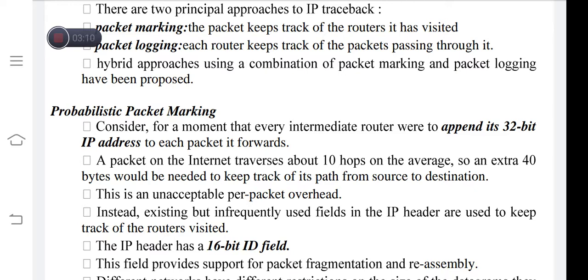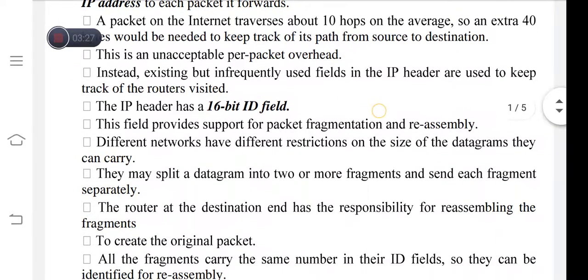Instead of this, the existing but infrequently used fields in the IP header are used to keep track of the routers visited by the packet.